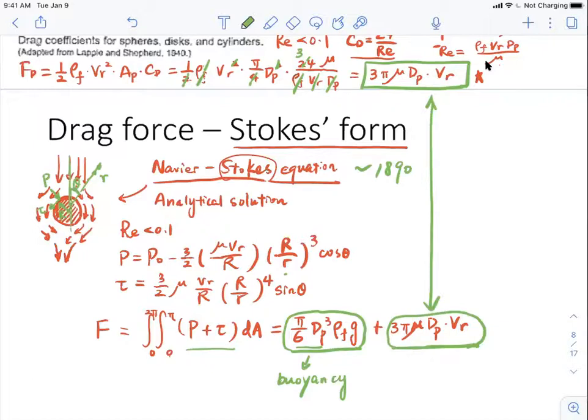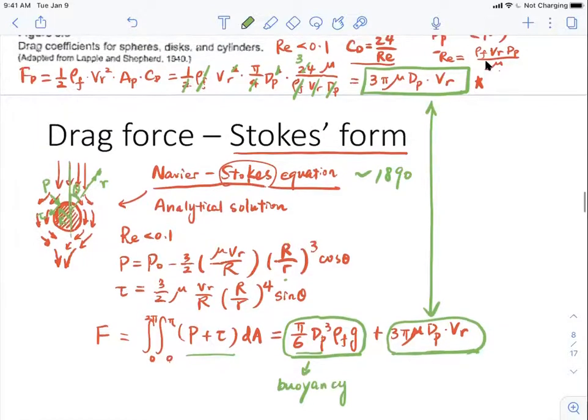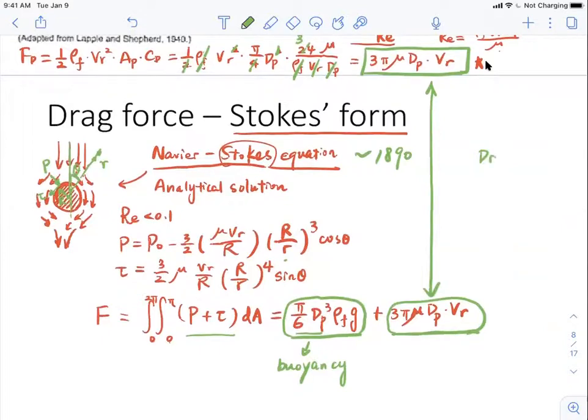So this is the form of the drag force, and you see that when we try to calculate the drag force, we came up with two different approaches, at two different times. We have Newton's form, and we have the Stokes form. What they eventually found is that for Newton's form, you really have to decide what the Reynolds number is.